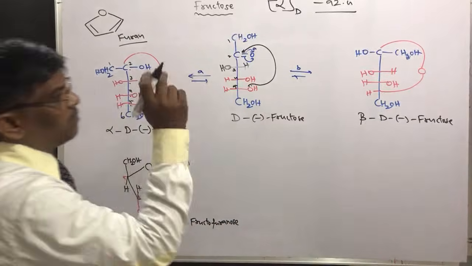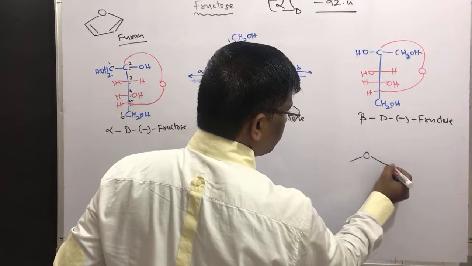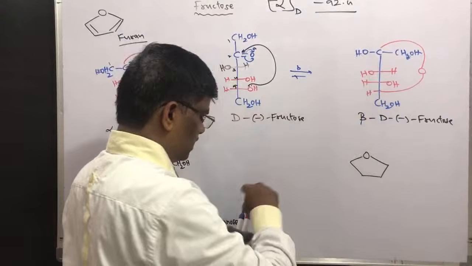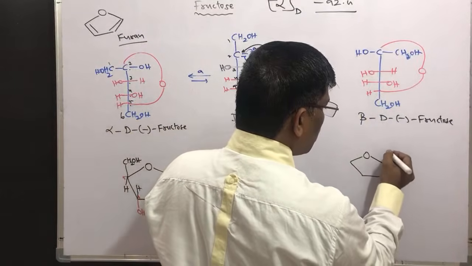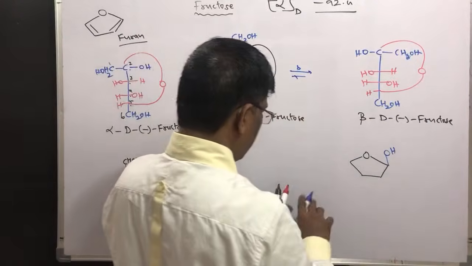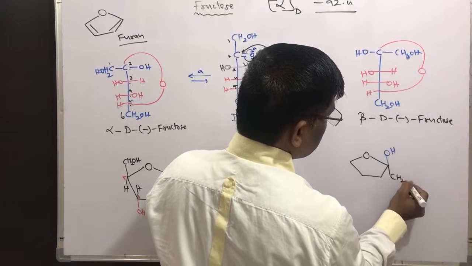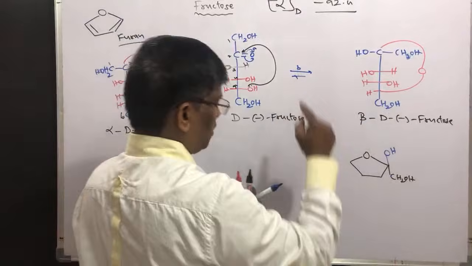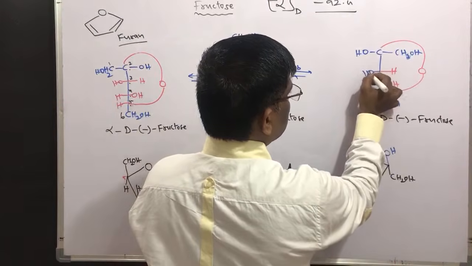Yes. Similarly, this is when I write in this form. The hydroxy is left side. Where to write? Above. So this is beta. And this downward, yes, CH2OH, it is downside. And the same hydroxy left. Here also let me write OH with this OH.